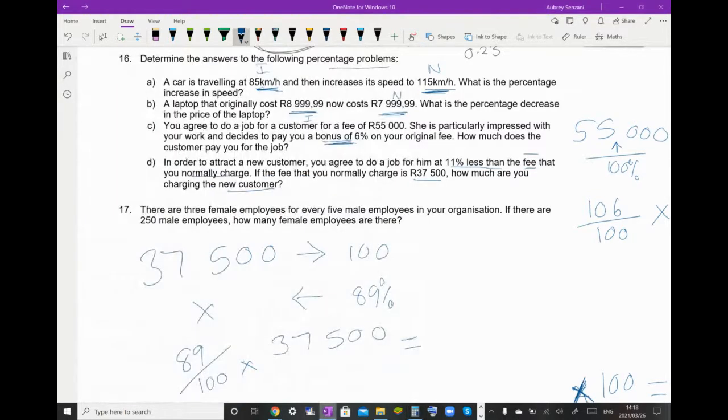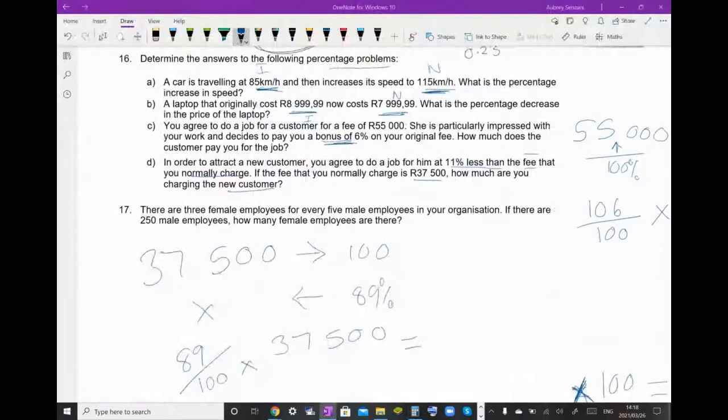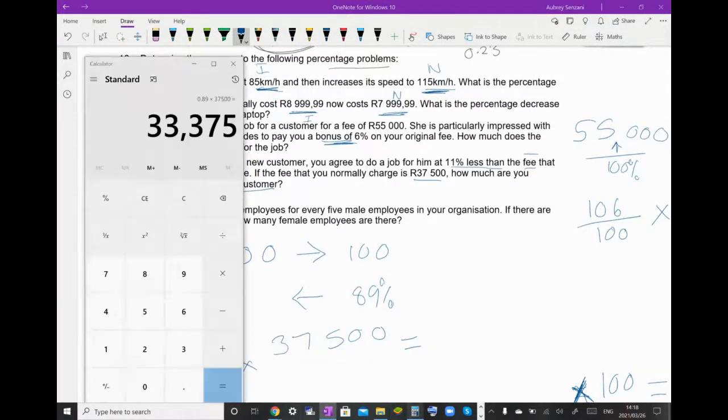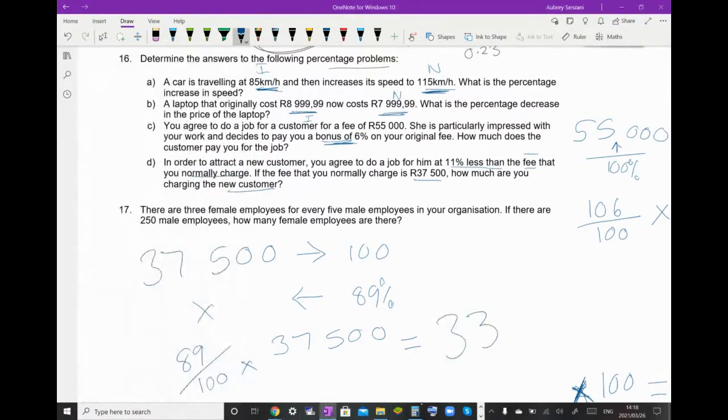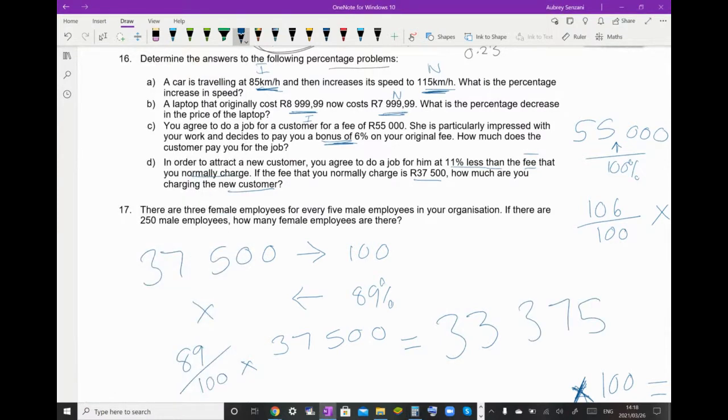Were you guys correct? I believe so. 100% you were correct. We all have 33,375 as our answer.